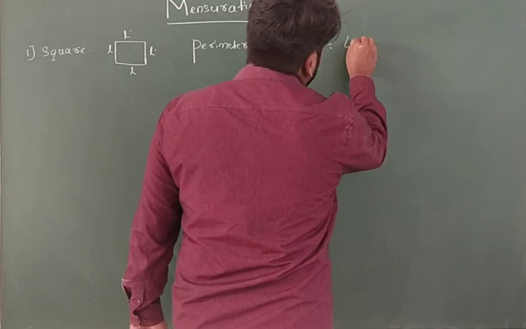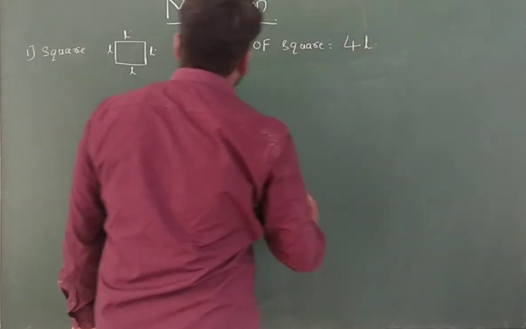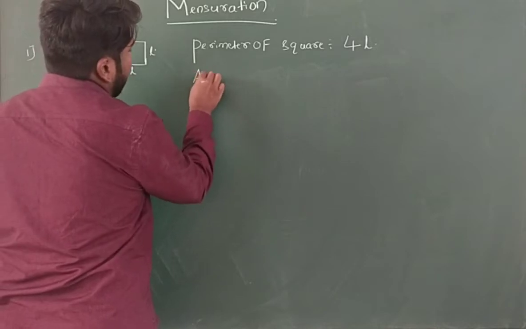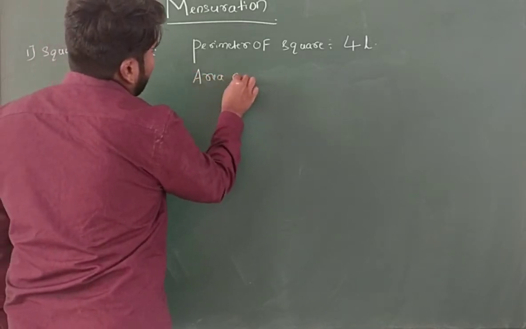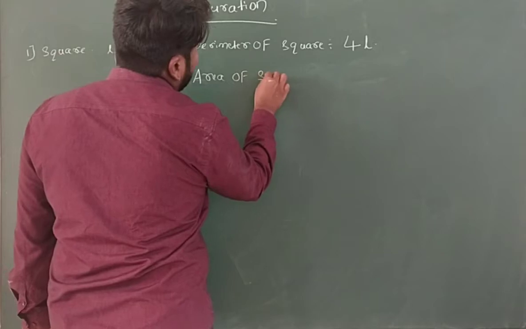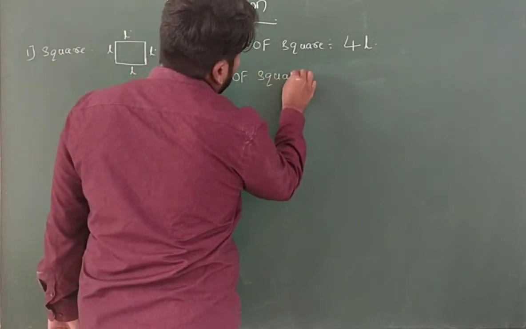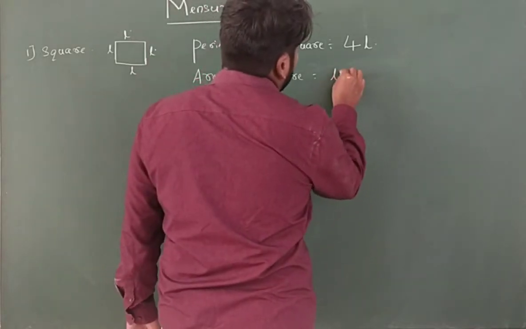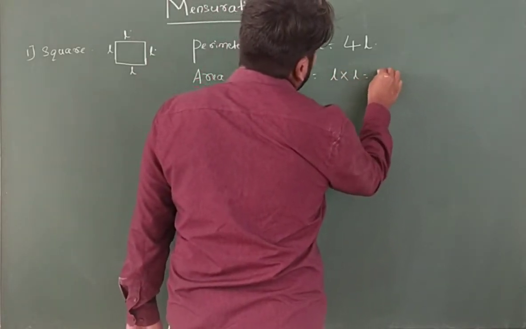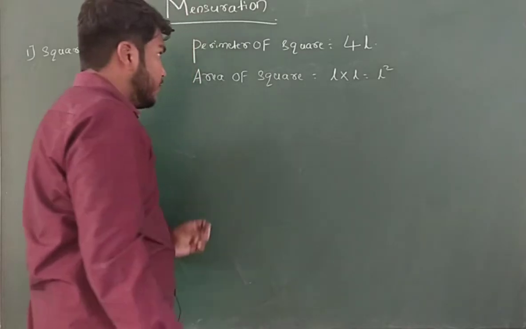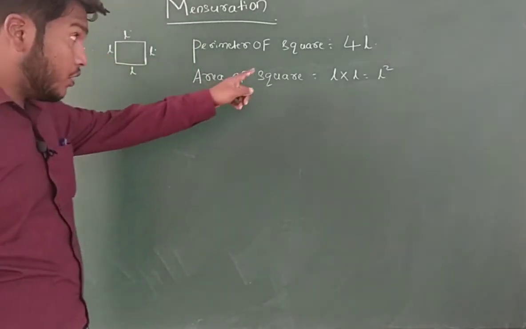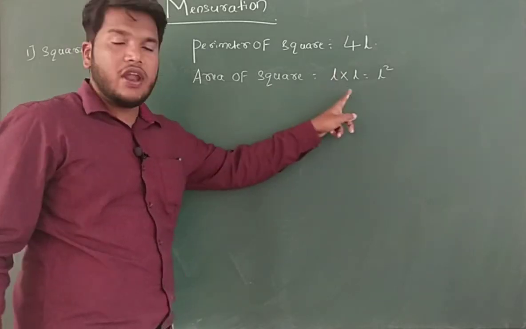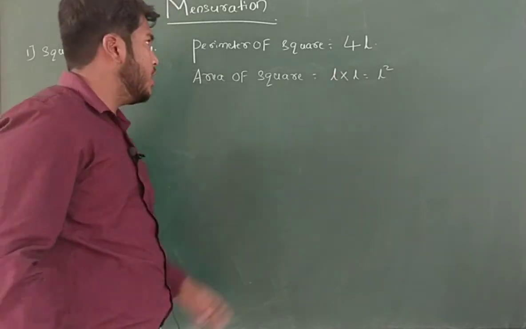So this is 4L. Similarly, the area of a square is L into L, that is L square. So the perimeter of a square is 4 into L, and the area of a square is L into L, that is L square.